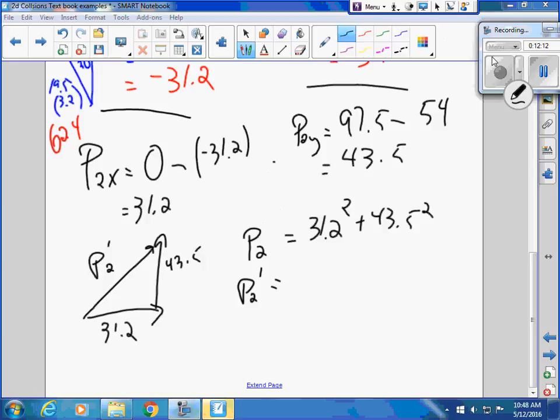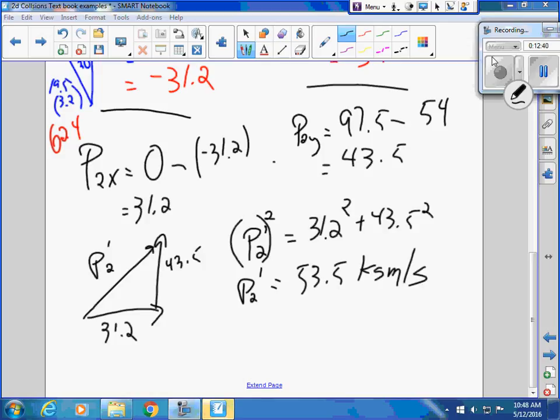You couldn't do that on your own? There you go. I guess technically it would be this. P2 prime is then, I get 53.5. That's what you got? And that's going to be kilogram meters per second.